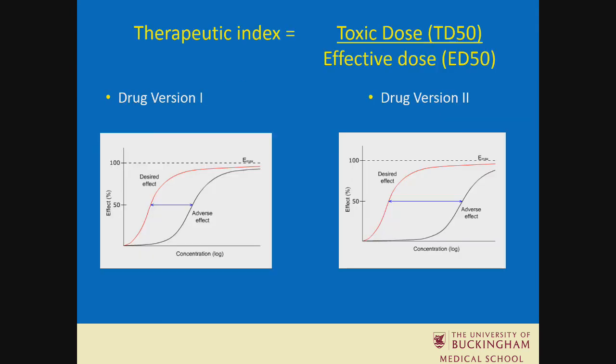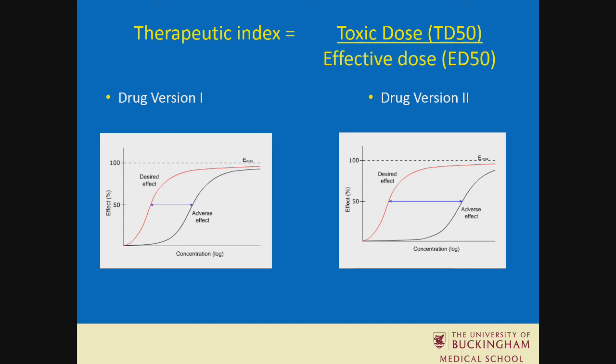So if you look at this one, these are two drugs in development now. We've calculated the toxic dose of this drug and its effective dose. So the first drug we made, this is our desired effect, and this is the adverse effect. We weren't satisfied that that was a big enough window, the difference between those two doses, because at these doses you're beginning to see some toxic effects.